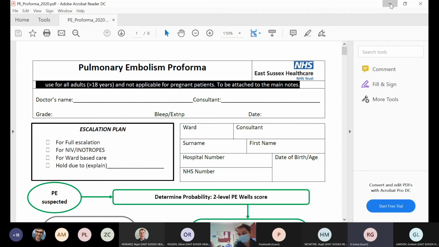Yeah, I can't explain it either, because I've seen COVID patients with D dimers of 1000 and 1000, and the CTPA was negative. And I suspect with COVID patients, they do have chronic micro emboli anyway.